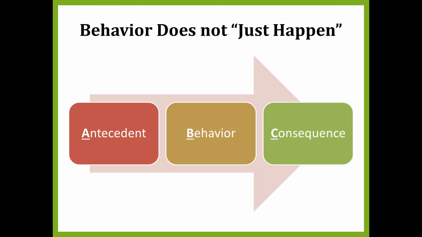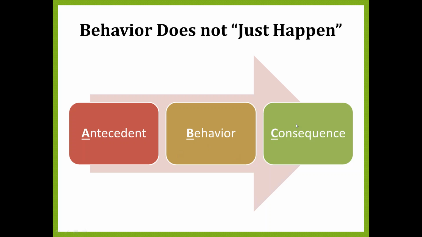Behavior does not just happen. This is something that we need to be cognizant of: behavior does not occur in a vacuum. There are triggers that are predictable. So when there's a student behavior, we need to look at what happened right away. What was that antecedent right before the behavior occurred?